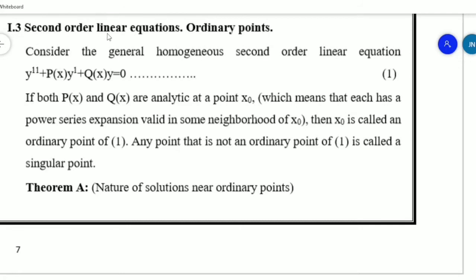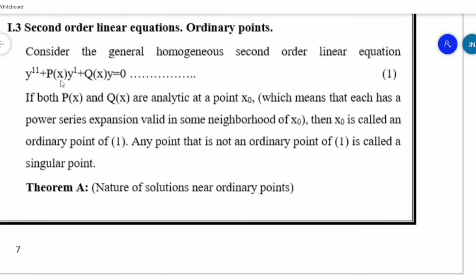Second order linear differential equations. Consider the general homogeneous second order linear equation of the form y'' + p(x) y' + q(x) y = 0. This is the general form of a second order differential equation.